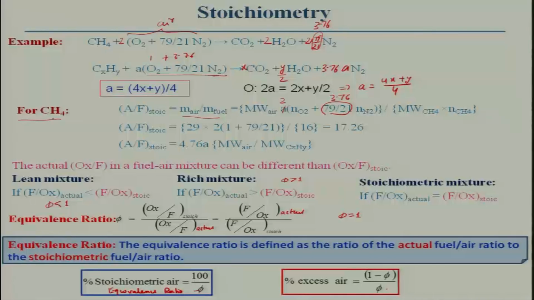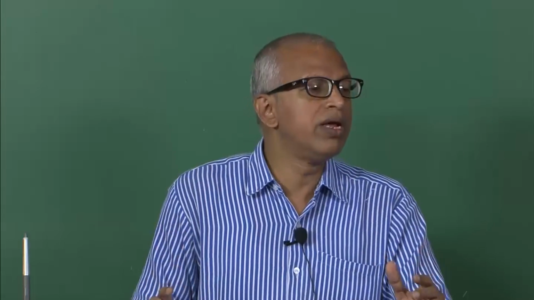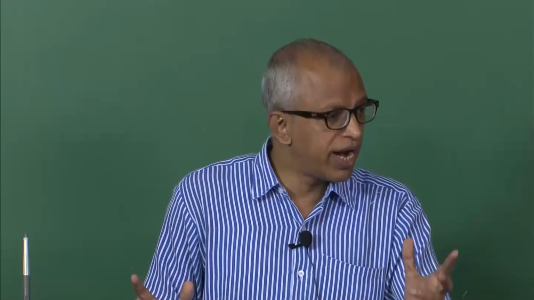Now, as I told, this will be very useful for premix flame, but we will also have to handle the diffusion flame, where the fuel and oxygen are not really mixed before the combustion takes place. And for that we will look at how to handle it.